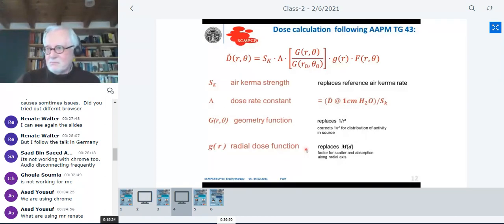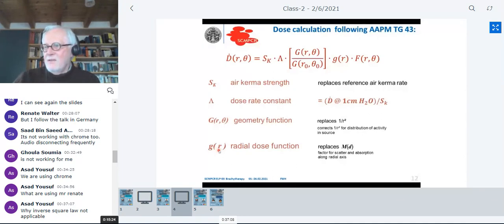The radial dose function is actually very comparable to a depth dose curve after canceling out the inverse square law. So the radial dose function is a ratio of the dose at a distance r divided by the dose at 1 centimeter.